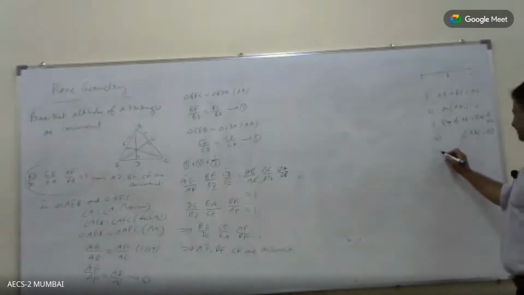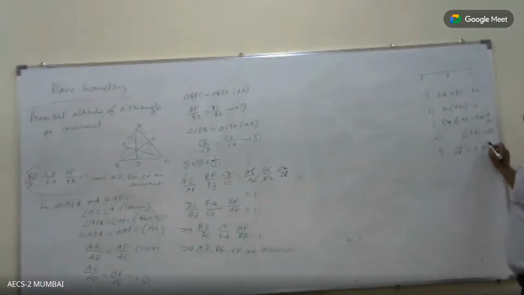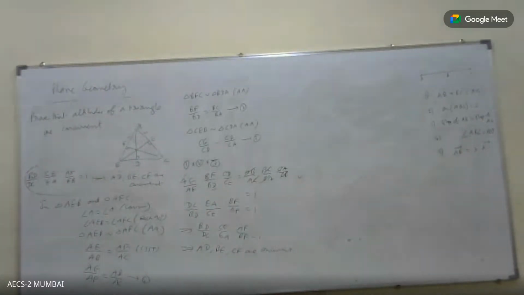If I can prove that vector AB is lambda times vector AC, okay, that will confirm they are collinear. Or I should take BC, then it will be no other. Any other way?